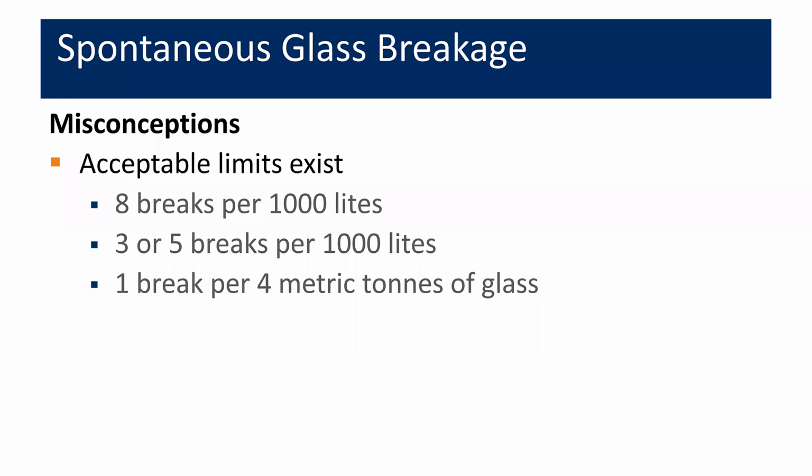Then there's what appears to be an extraordinarily high average incidence of breakage reported in European literature of 1 break for 4 metric tons. And that's a longer discussion as to how that number came about. But suffice it to say that any average rate that you see or read about, you should interpret with caution, because this is a pretty rare phenomenon.